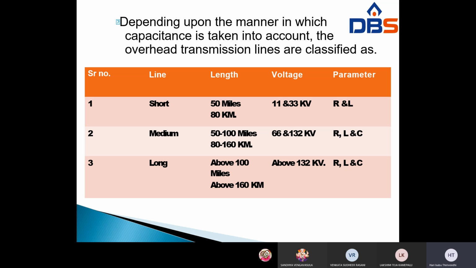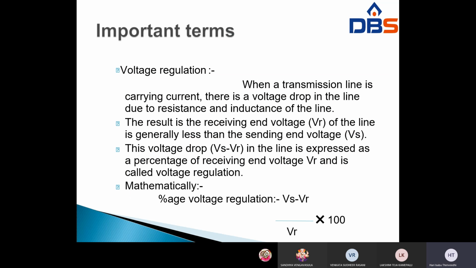So RLC are here uniformly distributed elements, right? So very important. This is about the classification of overhead transmission lines.